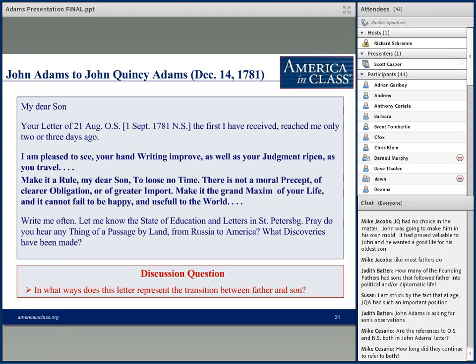Okay, so we have a question. How long did they continue to refer to both? And if the September 1st, 1781 new style was put in by an editor, probably, well, I don't know. How long did they continue to use both?